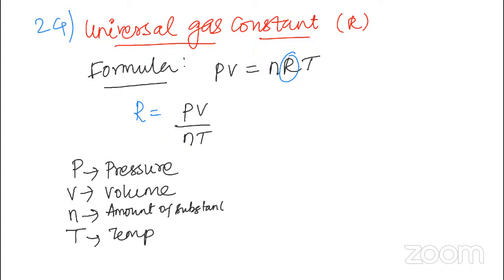Now write the dimensional formula for all these things. For pressure, it is M L power minus 1 and T power minus 2. For volume, it is L cube. For amount of a substance, n, it is mole. And for temperature, it is Kelvin.